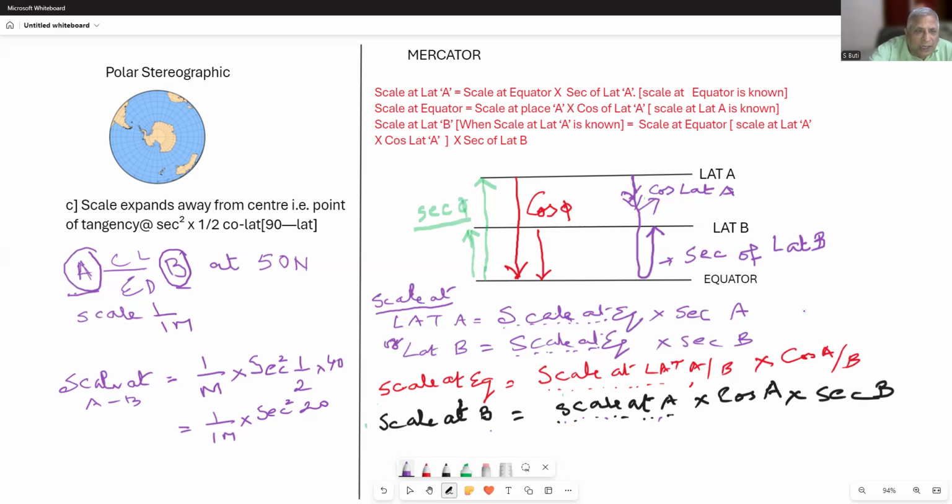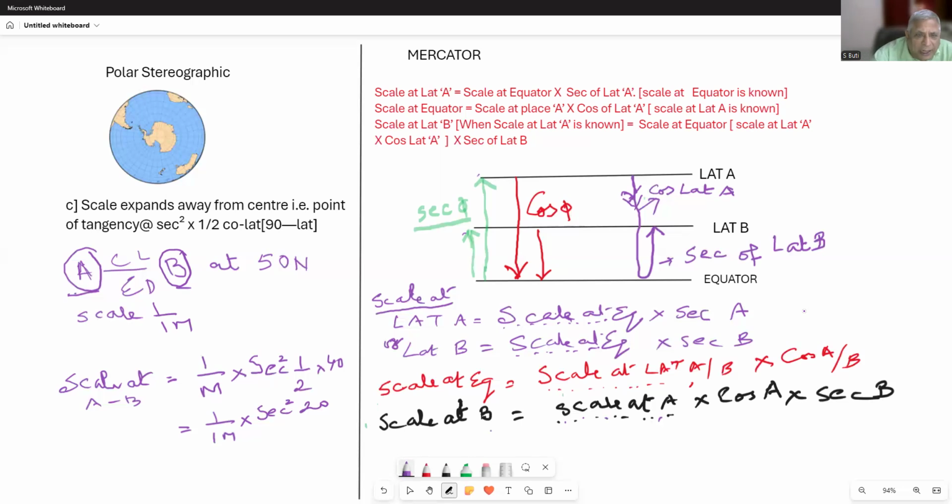But your questions are related to latitude B or latitude A. Multiply that scale with the secant of latitude A or secant of latitude B, and you will get the scale at latitude A or B, and use that scale for chart length by Earth distance. Nothing very difficult about it.